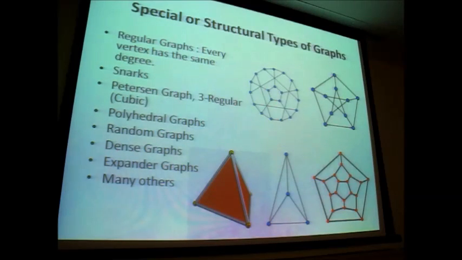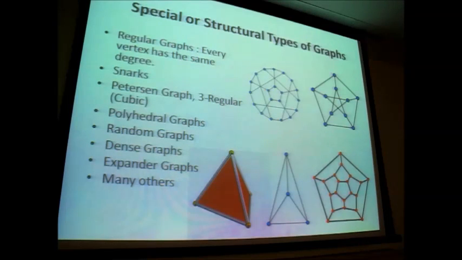We talked a little bit about the idea of regular graphs, where every vertex has the same degree. And regular graphs seem to come up a fair amount. I kind of had to include this just because the name is snarks.